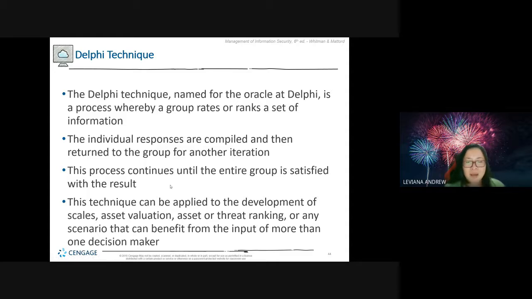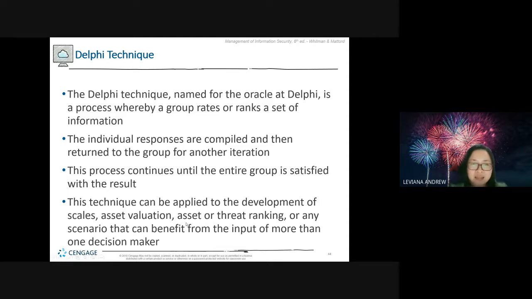This technique can be applied to the development of scales, asset valuation, asset or threat ranking. Delphi Technique pun boleh juga assess threat using the ranking system or any scenario that can benefit from the input of more than one decision maker.